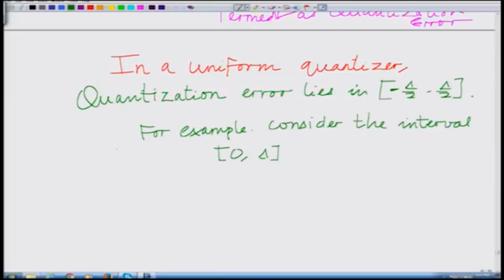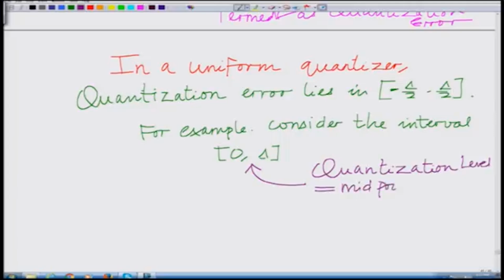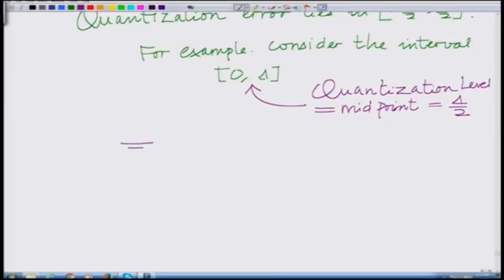The corresponding quantization level equals the midpoint, that is delta by 2, which implies the error equals, let us say we denote the error by q, q of m minus m.